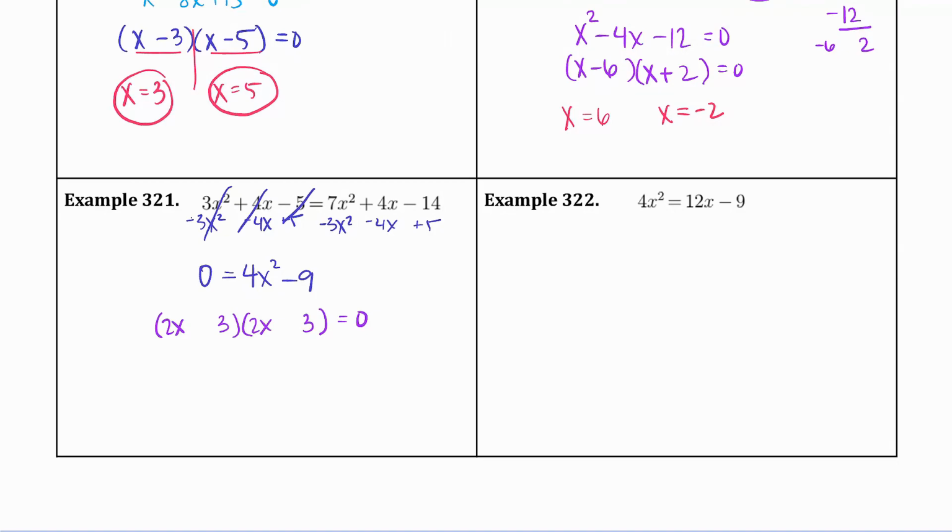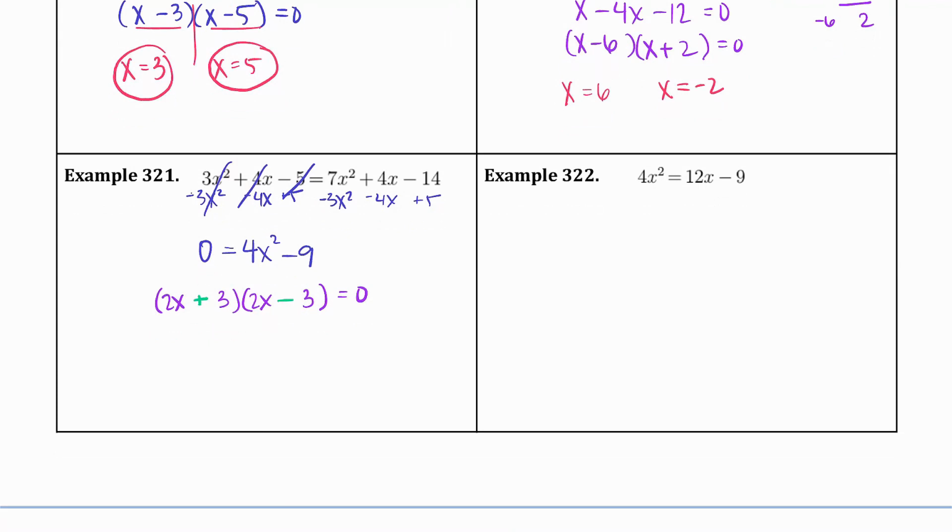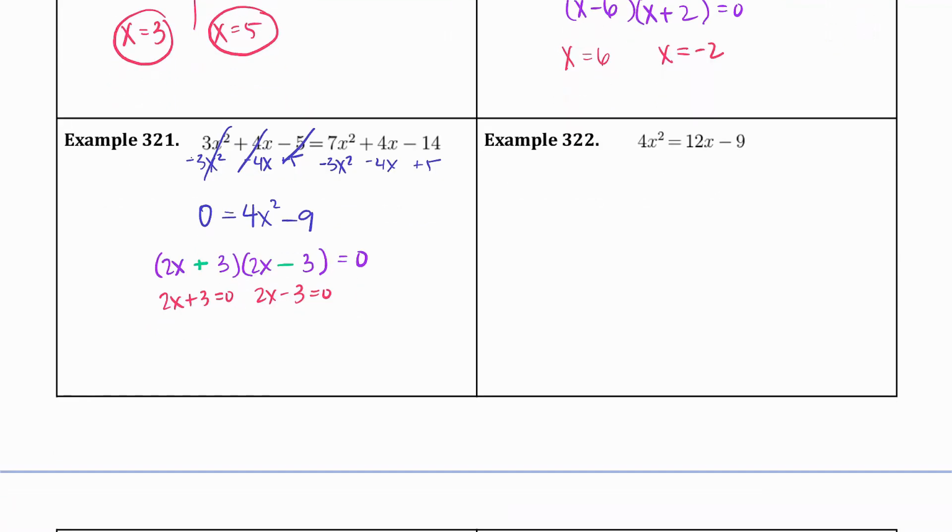When factoring the difference of squares, one is plus, one is minus. So when we solve this, we set each of these equal to 0. 2x plus 3 equals 0. 2x minus 3 equals 0. We solve for x on both of them, and we get x equals negative 3/2 and x equals positive 3/2.